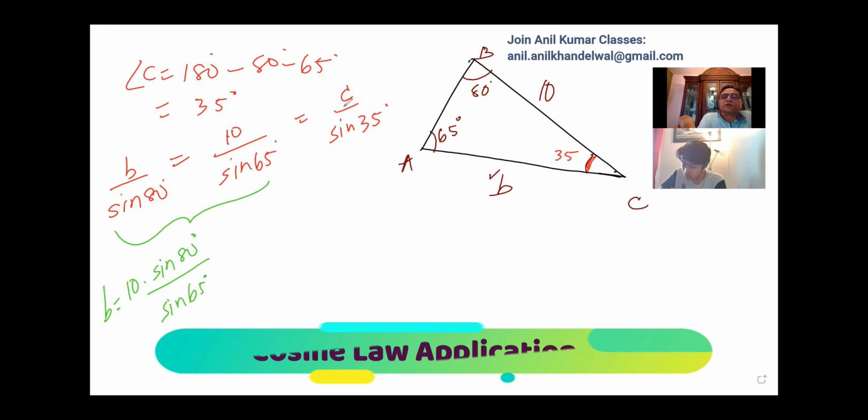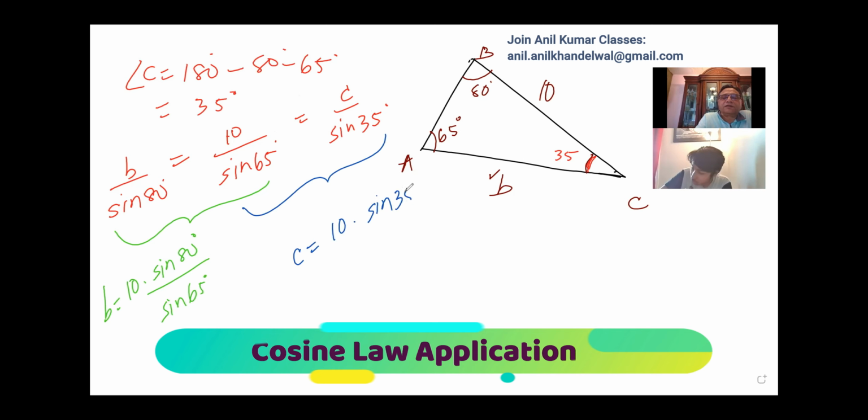And if I solve the other two, I get C equals 10 times sine of 35 degrees divided by sine of 65 degrees. Is that clear to you? Yes, sir. So we have solved the triangle completely using sine law.